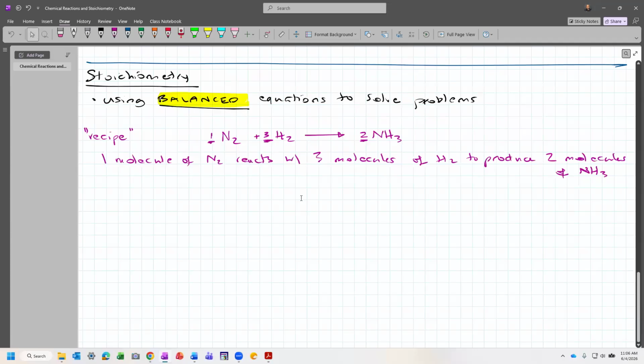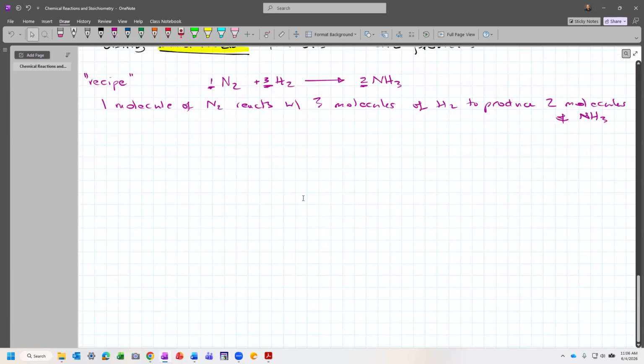Well, it is often impossible to work with individual molecules because they are incredibly tiny. So realistically, what we do is instead of working with molecules, we use moles.